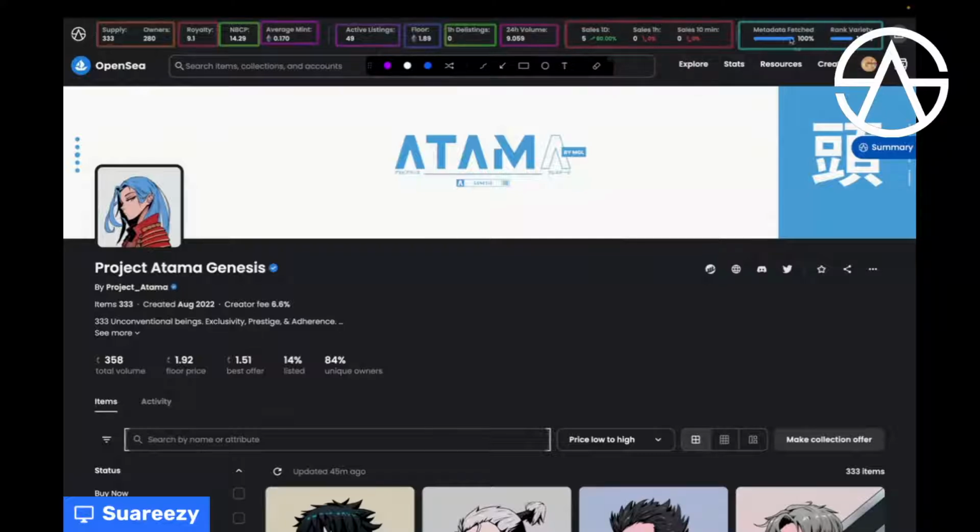But notice here we have the metadata fetch and the rank variety actually at 100% on both, meaning we have all the metadata fetched and none of the rarities that we're calculating are the same. So if you see rank variety at a lower percentage, it's most likely because that NFT project is actually unrevealed. So a very solid metric to utilize there as well.